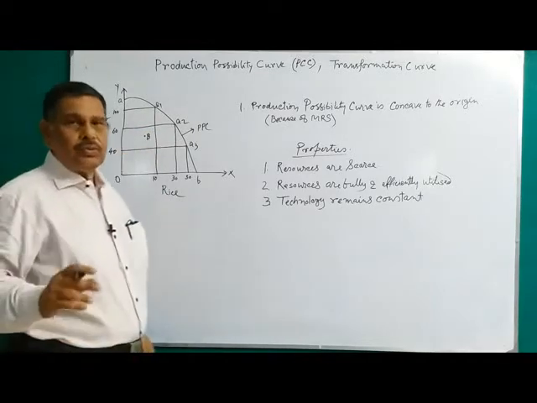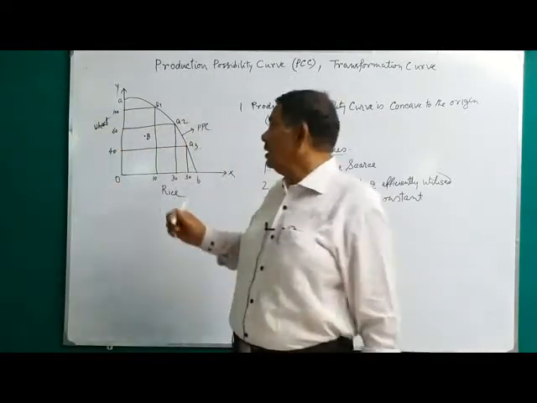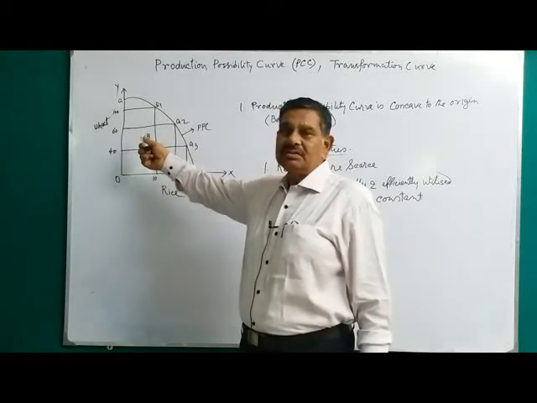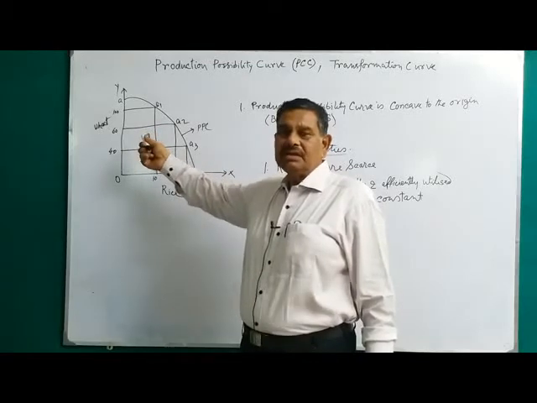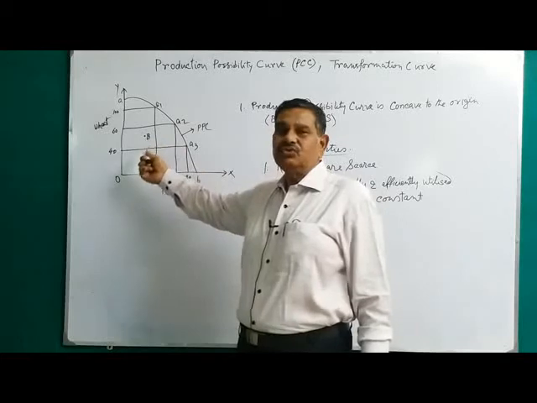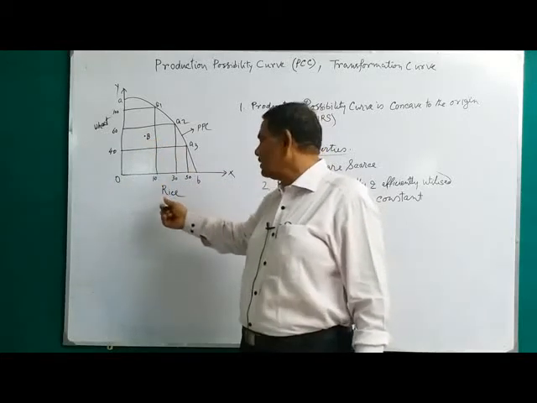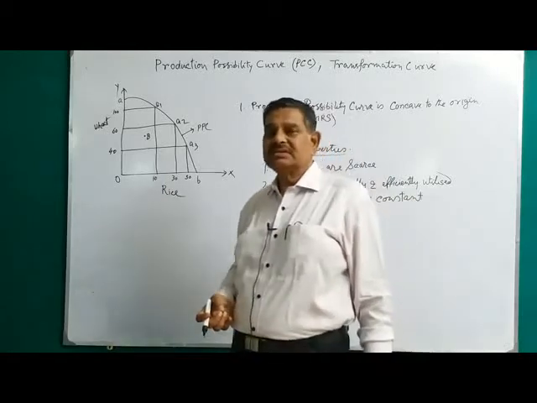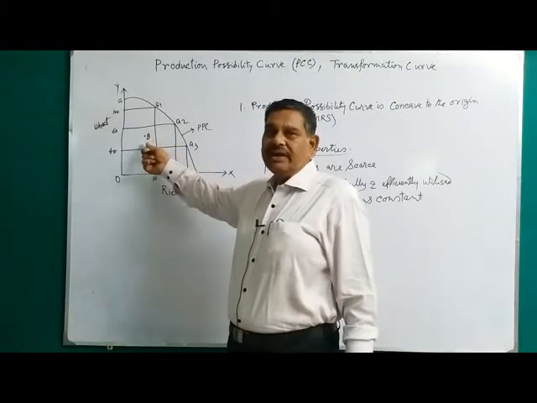I think no. You will not choose this point, because at point B you will get less of both commodities. That is, you will have to consume less wheat and less rice. So additional resources are wasted. Therefore, you must not choose this point.